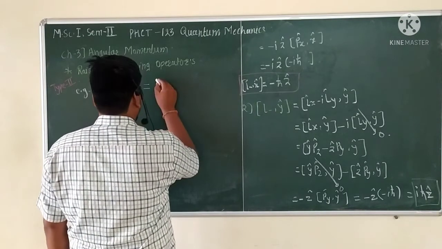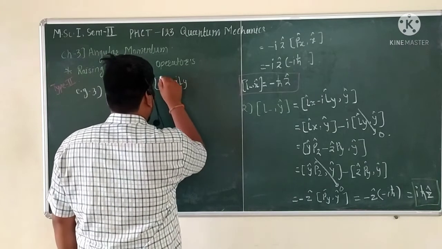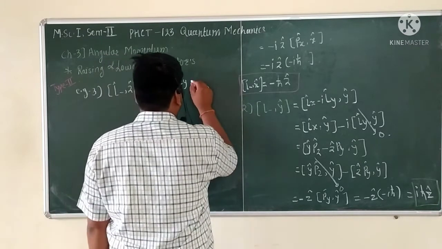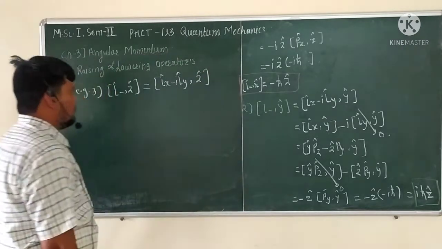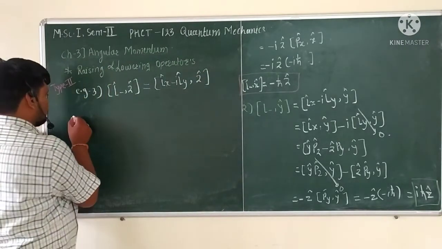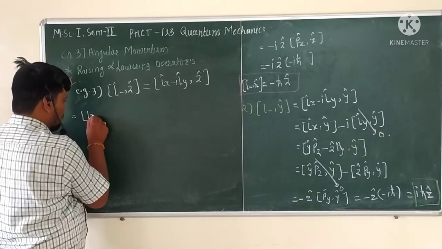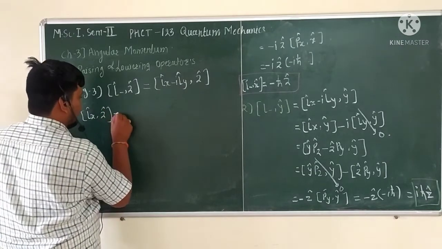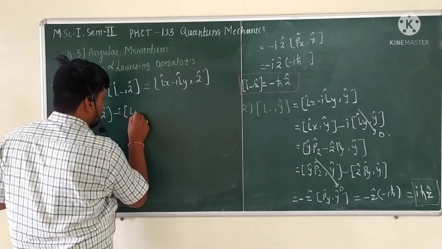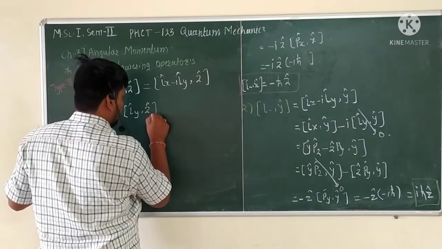getting the idea, that Lx minus i Ly cap, comma z cap. Okay, and if you solve this, how does it come out? This is the Lx comma z cap minus i into Ly cap comma z cap.